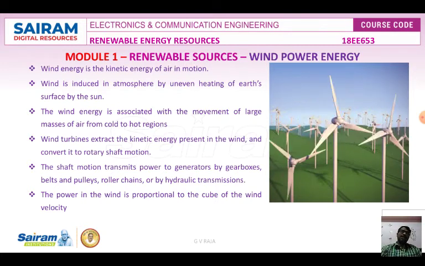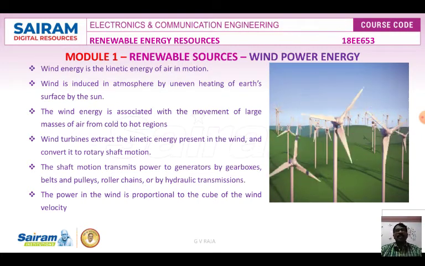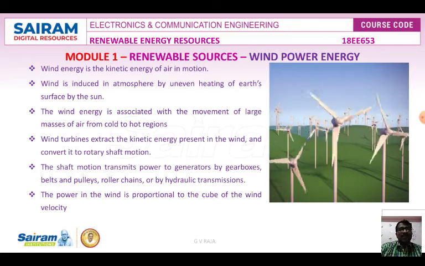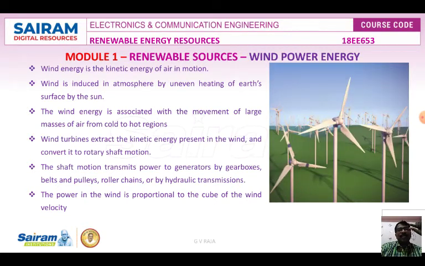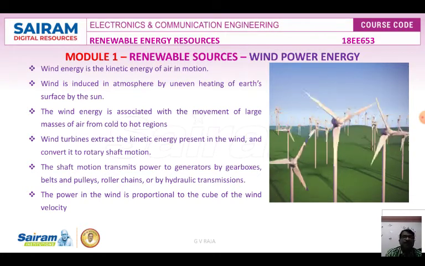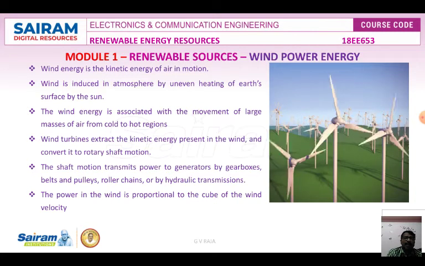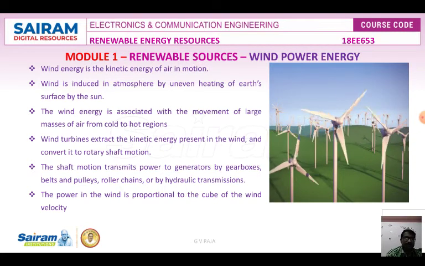There are two types of turbines: horizontal turbine and vertical turbine. When the turbine is located in a horizontal manner, it is called a horizontal turbine, and when it is located in a vertical manner, it is a vertical turbine.